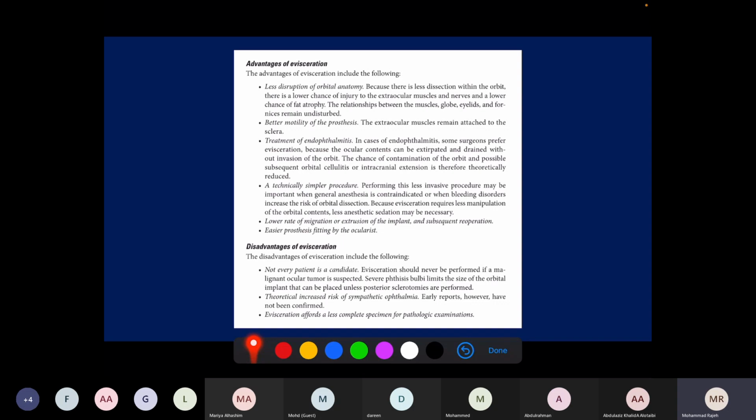If we're going to talk about volume, the only way to address it is with either a larger prosthesis, or you want to do evisceration or enucleation to put the largest implant that you can when there is an issue with volume.